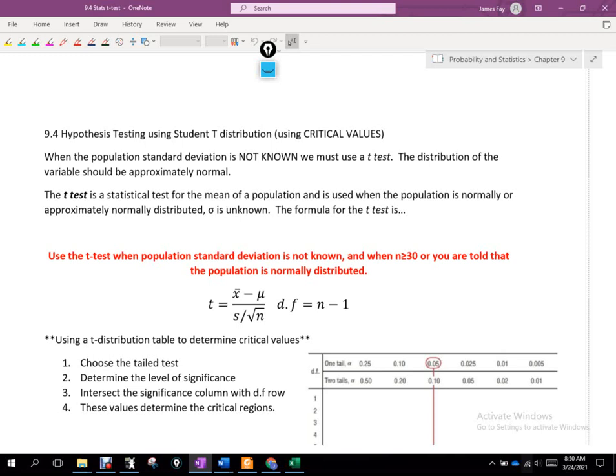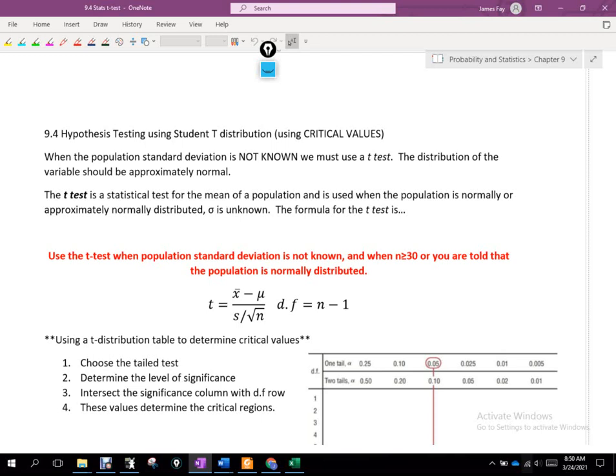So let's say that we're testing a new oncology therapy for cancer patients, and let's say it's a type of cancer that is very rare. I might not have 30 people, or more than 30 people, I have access to conduct the study with. Does that make sense? Maybe I only have 20 people or 15 people.